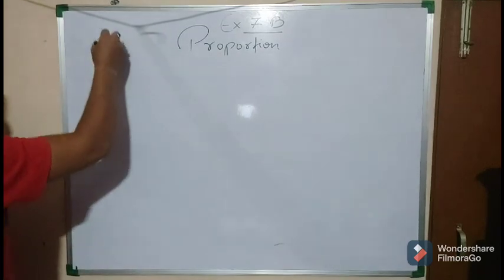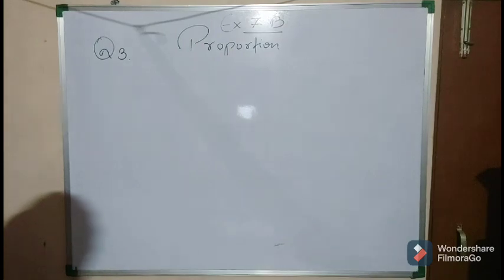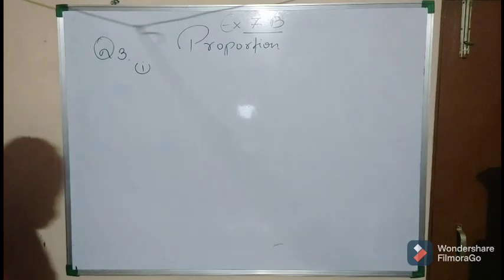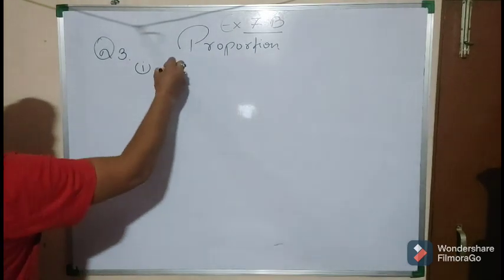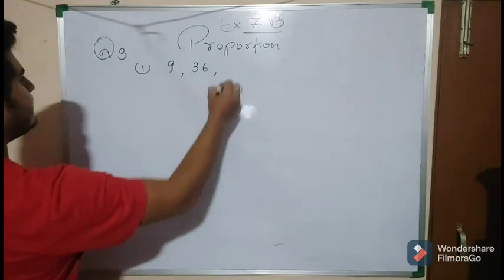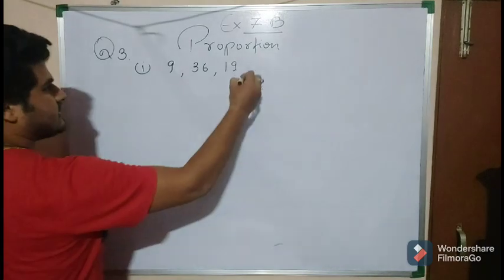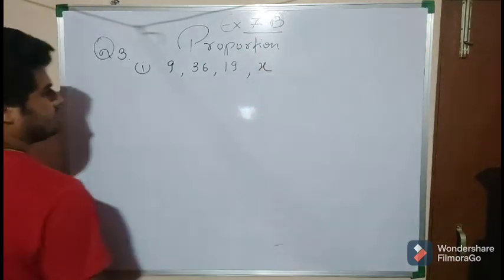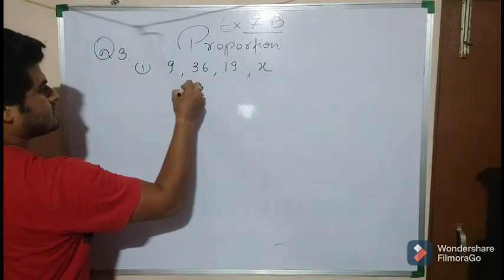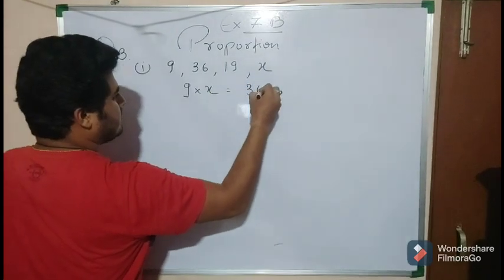Let's see another question. Question number 3 is saying find the fourth proportional: 9, 36, 19, and we have to find the fourth proportional. So let us say the fourth proportional is x. Again we can apply product of extremes equals product of means.